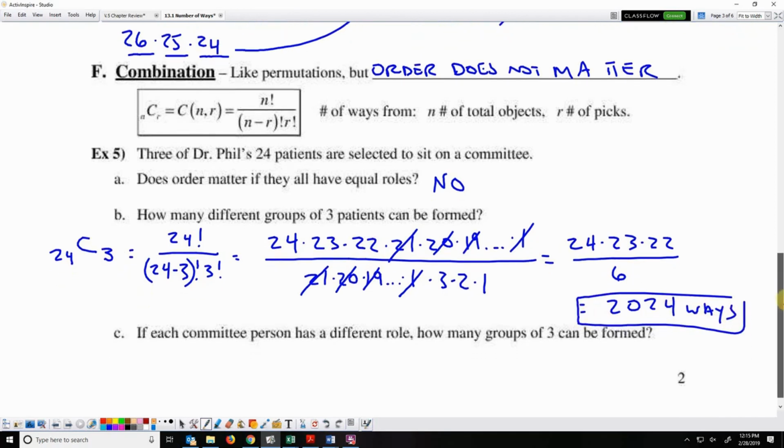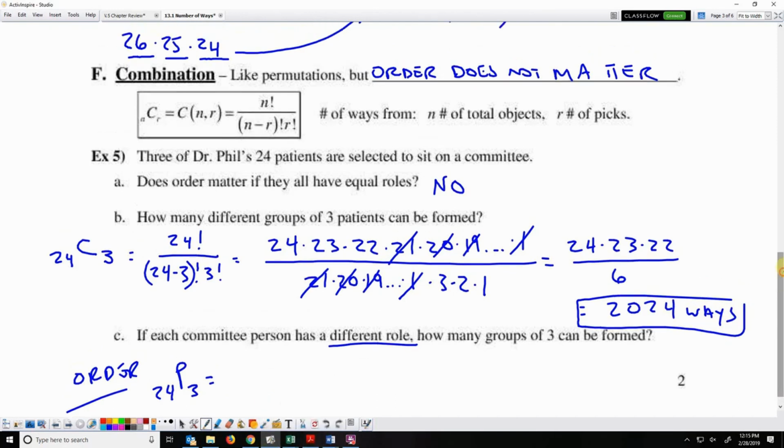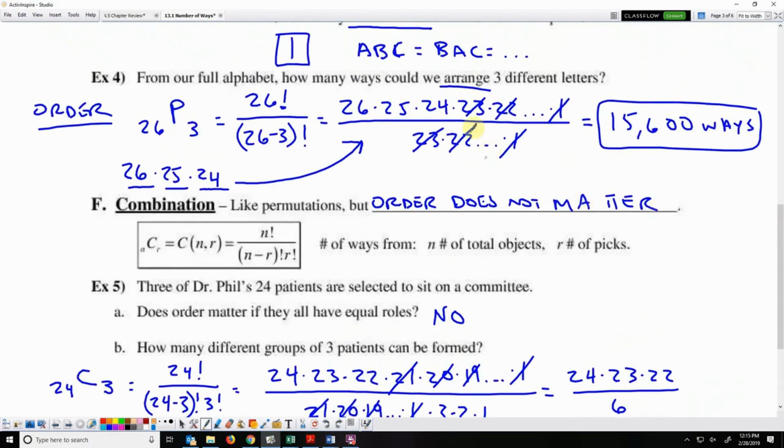But what if everyone on the committee has a different role? Okay? If there's different roles, now order matters. So we're using a permutation. 24 options, using only 3. Now I'm going to do the more simple version here, because we've seen up here that a whole lot of stuff just cancels, and we only have 3 roles that are being filled.